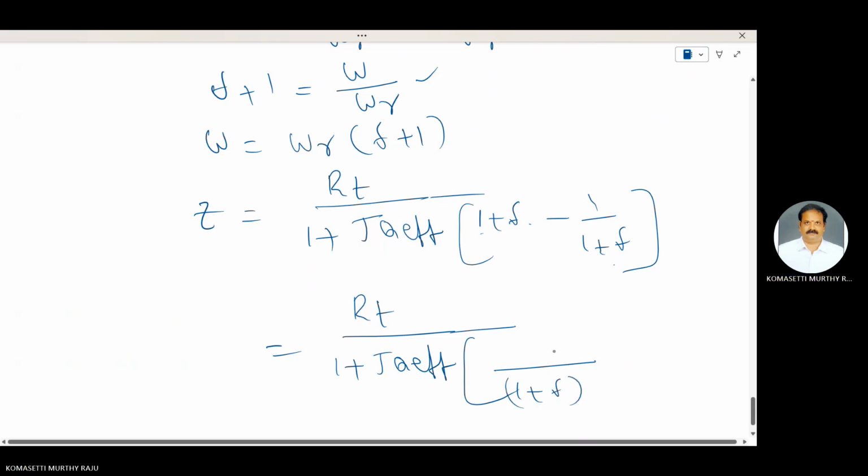Here, 1 plus δ into 1 plus δ, (1 plus δ) whole square; (A plus B) whole square is A square plus B square plus 2AB, so 2δ minus 1. These two are cancelled here.